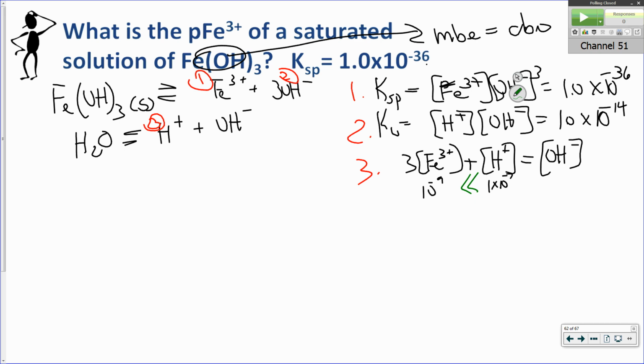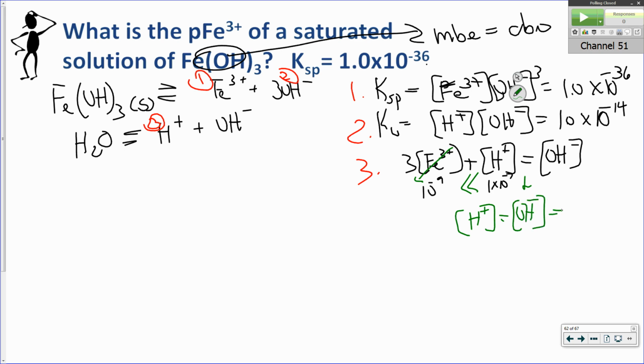I just took the 4th root of it as an approximation. Okay, so if that's the case, this term becomes insignificant and drops out. So this reduces to H plus equals OH minus.